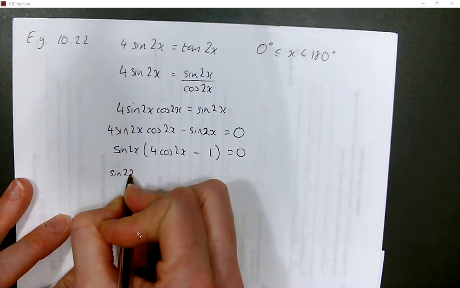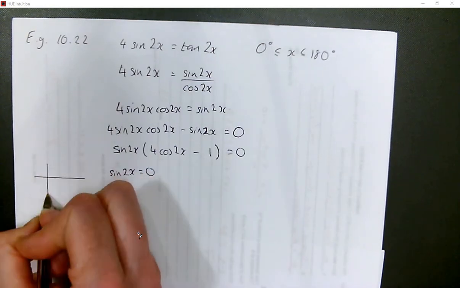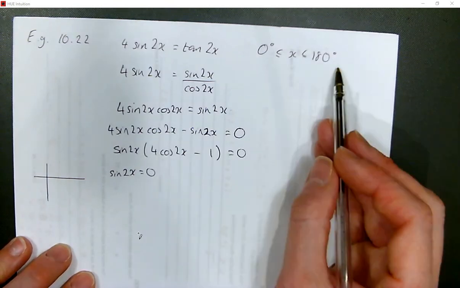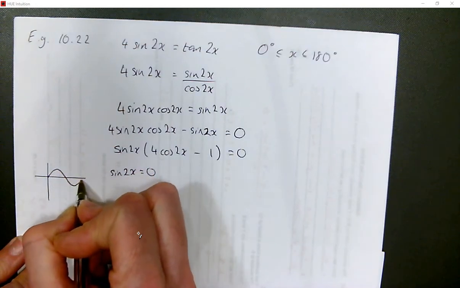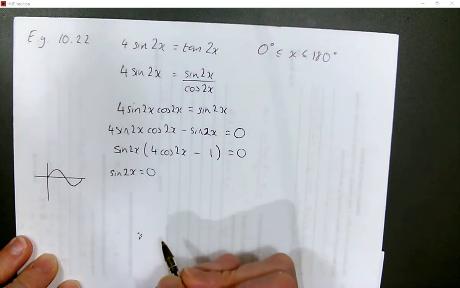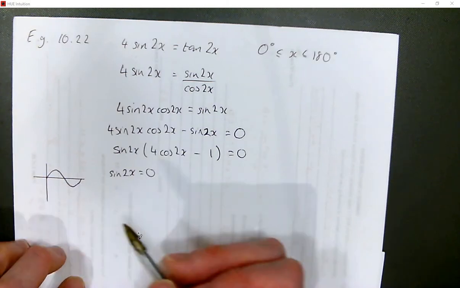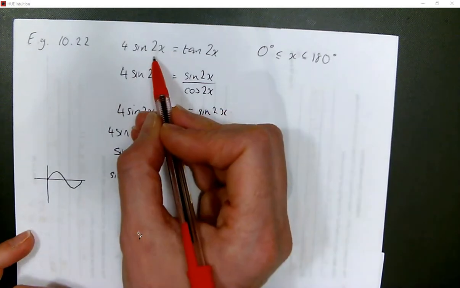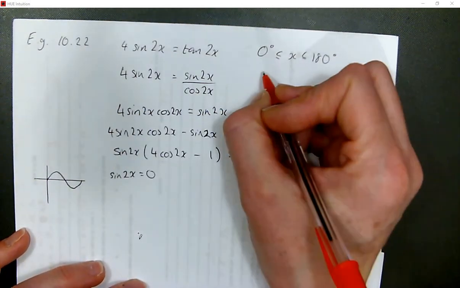So we've got sine 2x is 0, and this time we're going to need to think about our limits. If we remember the sine graph, it's going to cross the x-axis at 3 different places here, because instead of working with x, we're working with 2x, so we need to change our range of values.